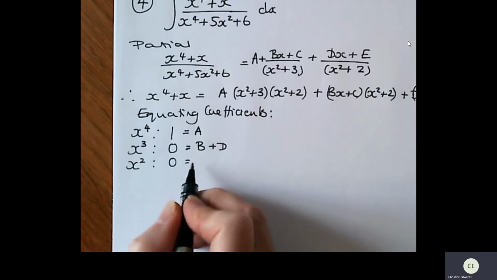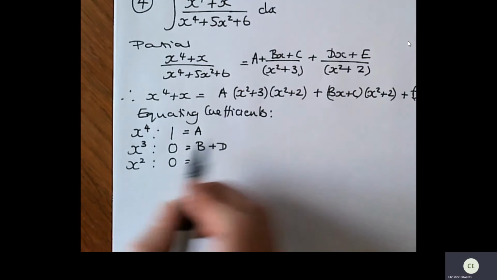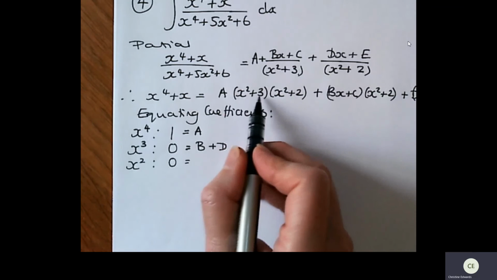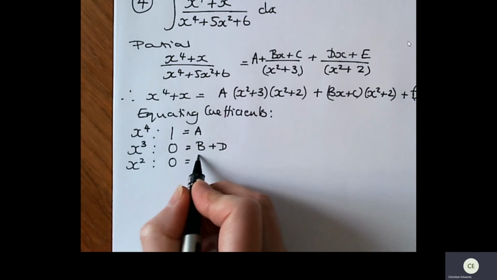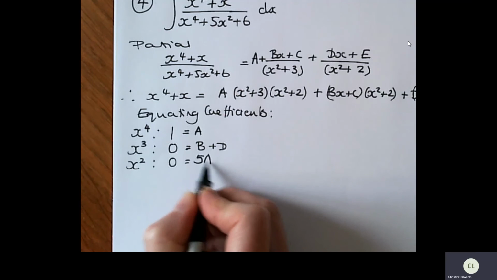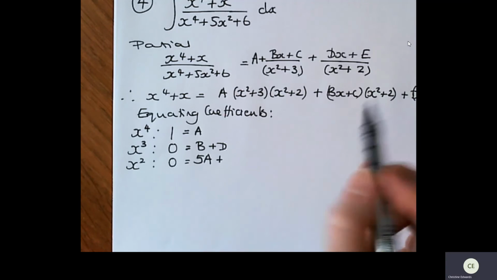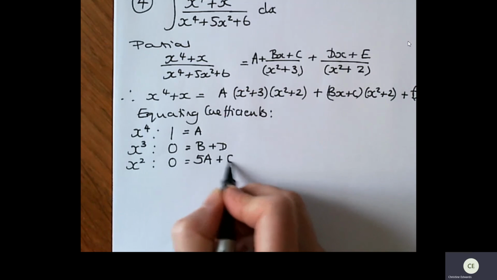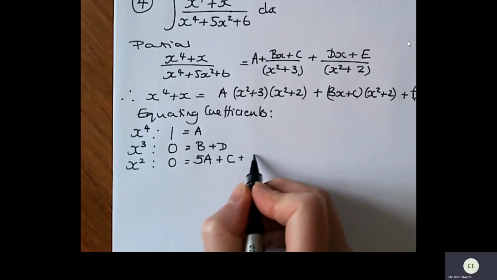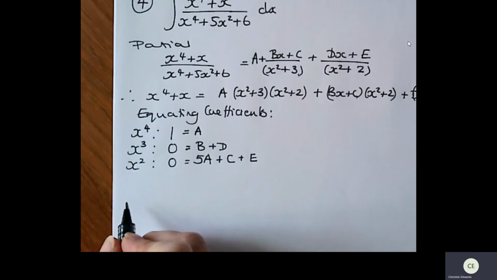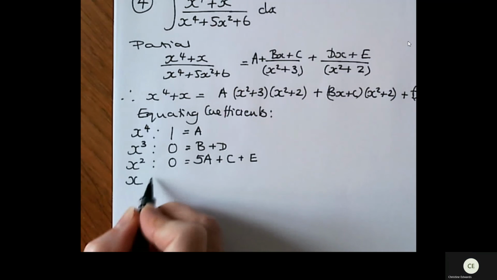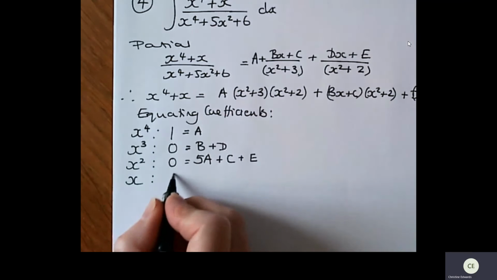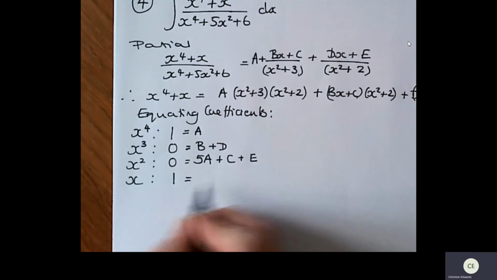x squared, 0. I'm going to get, from here, a 2x squared and a 3x squared. So that's a 5a. Then I'm going to get a cx squared and an ex squared. Considering the x's, none here, 1 on the left-hand side.